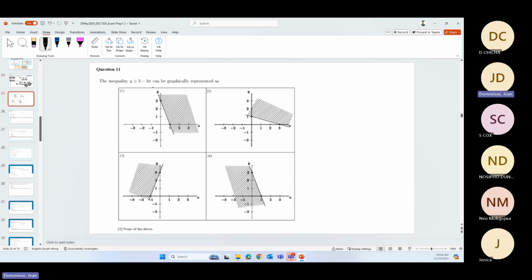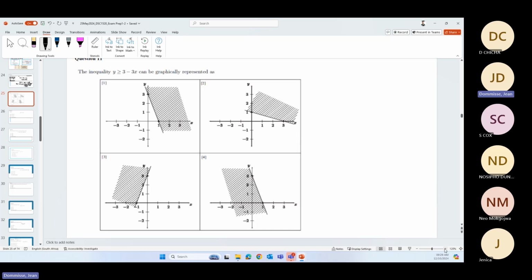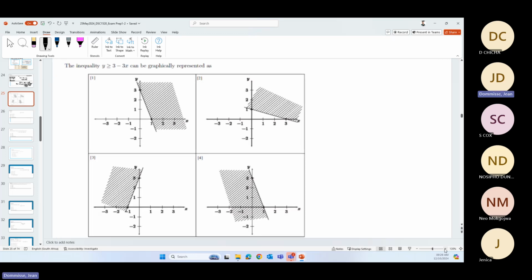Okay, so let's go into linear programming. With linear programming, I think the important thing is, you can see this is from an old exam paper. Let's make this a bit bigger so that you can see.